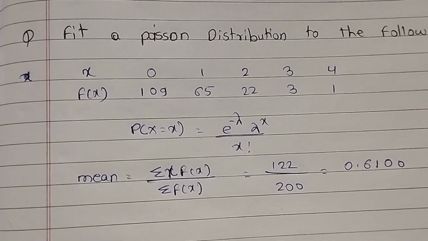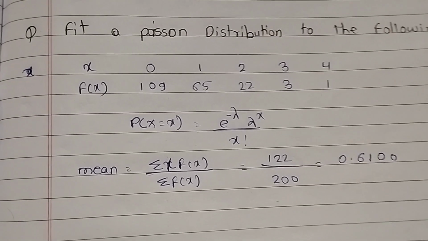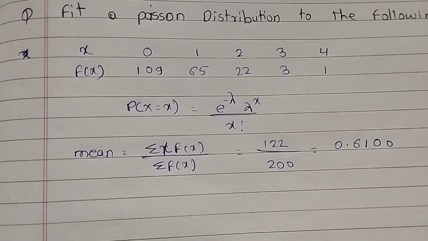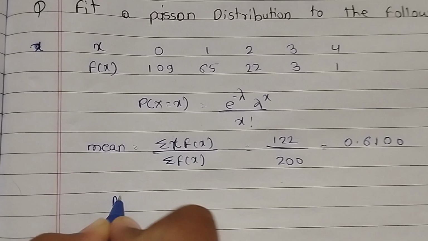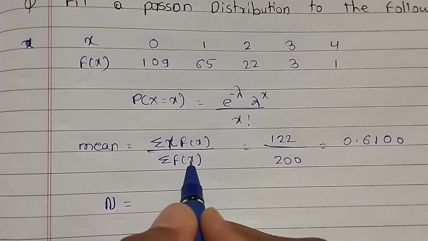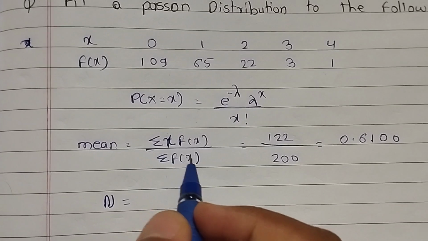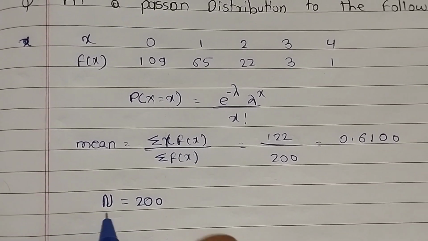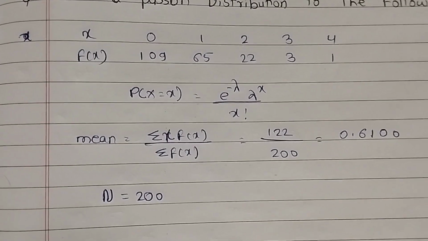And the last one is the expected number. So for the expected number, we want to calculate the capital N, and the capital N is nothing but the summation of f of x, which is 200. So that's why the value of capital N is 200.